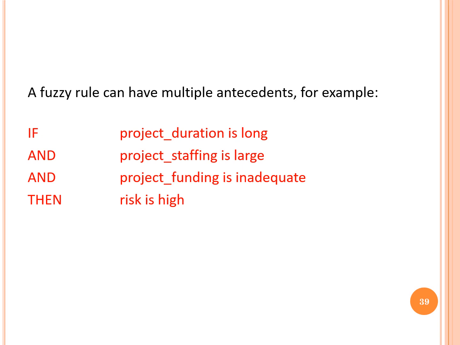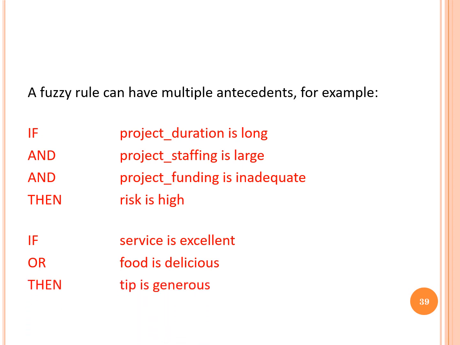You can have more than one antecedent with the consequent at the end. Another example: if service is excellent or food is delicious, then tip is generous. This is an example of having more than one antecedent.